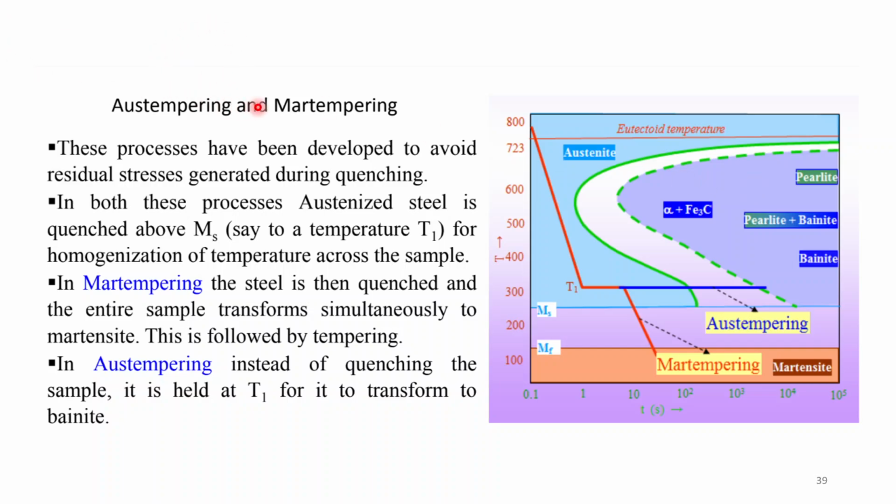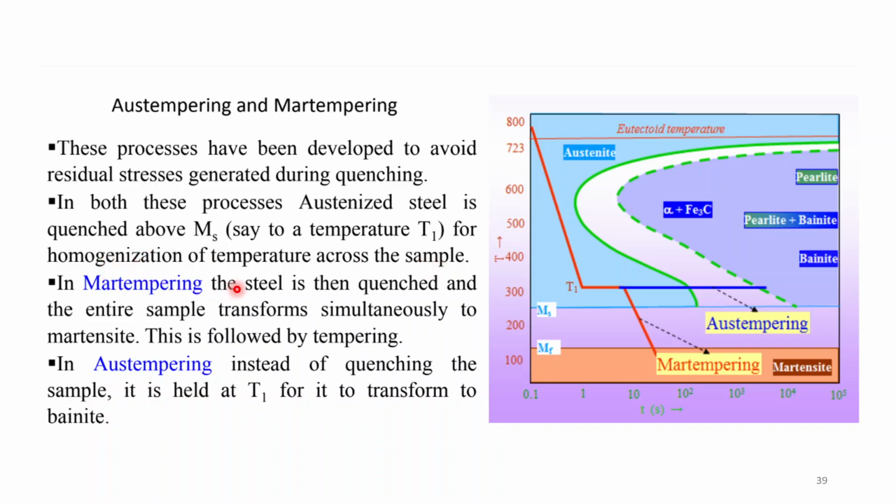Then you have two processes, austempering and martempering. These processes have been developed to avoid residual stresses which are generated during quenching. In both these processes, austenitized steel is quenched above Ms, the martensite start temperature, to a temperature T1 for homogenization of temperature across the sample.